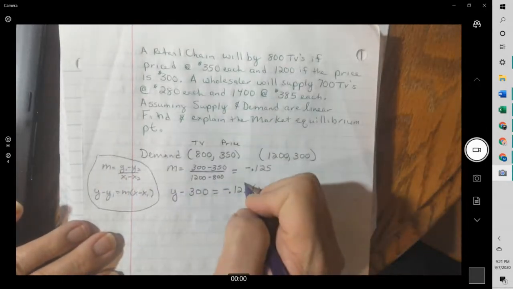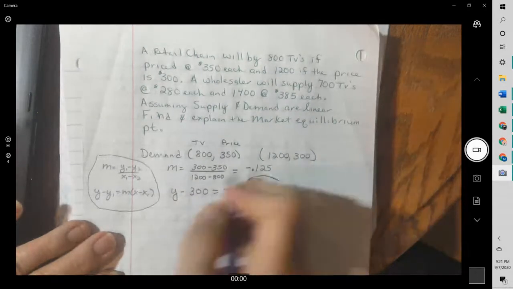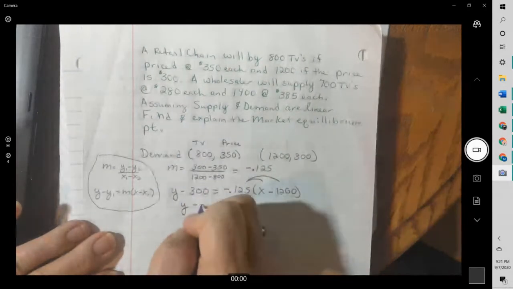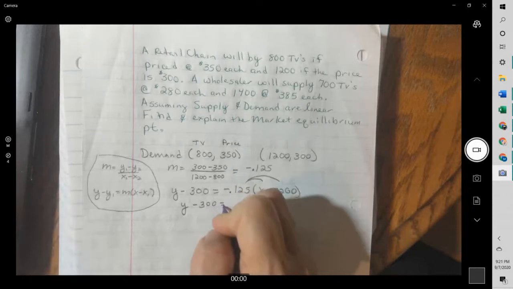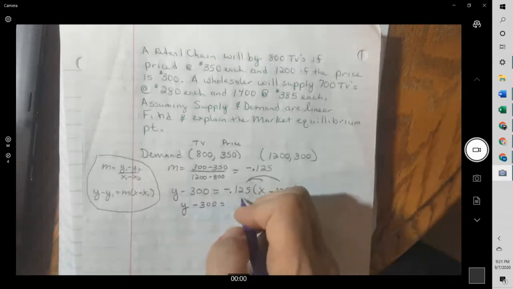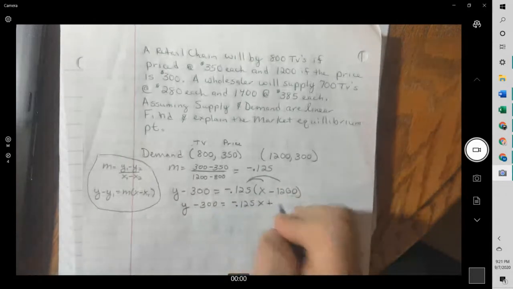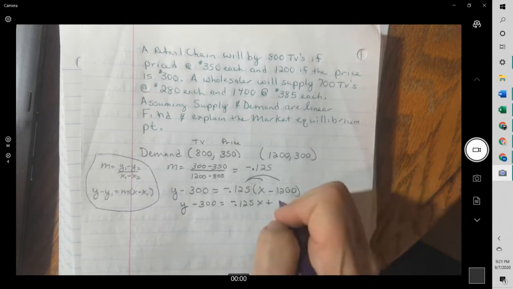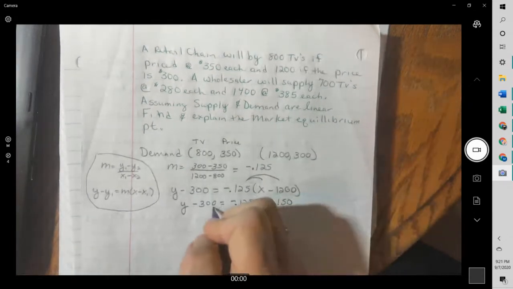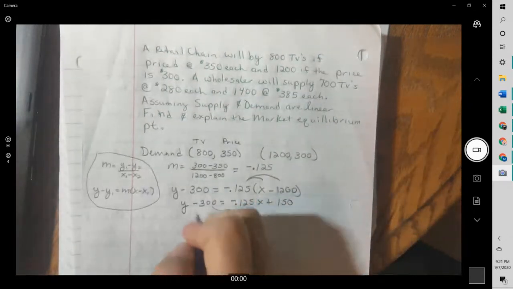But those are what I'm using. And distribute: y minus 300 equals negative 0.125x plus 150. And then we're going to add the 300 to the other side.